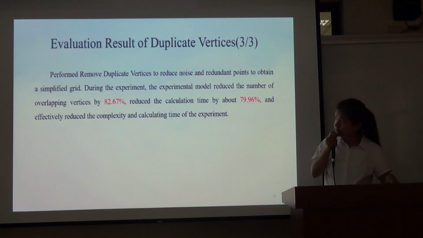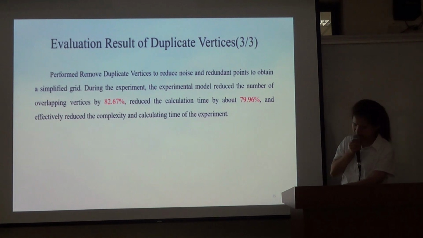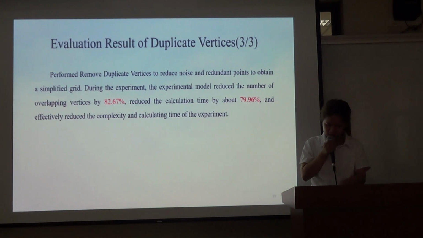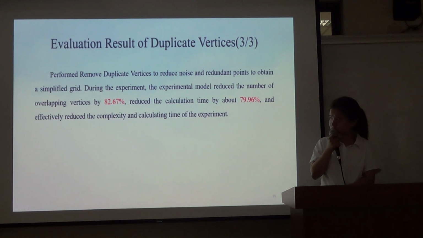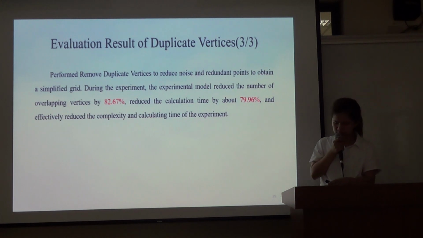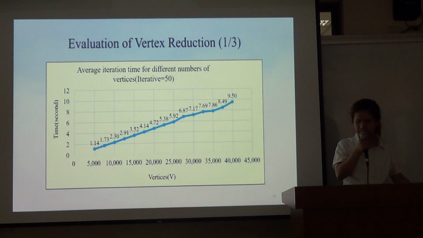During the experiment, the experimental model reduced the number of overlapping vertices by 82.67%, reduced the calculation time by about 79.96%, and as expected reduced the complexity and calculating time of the experiment.